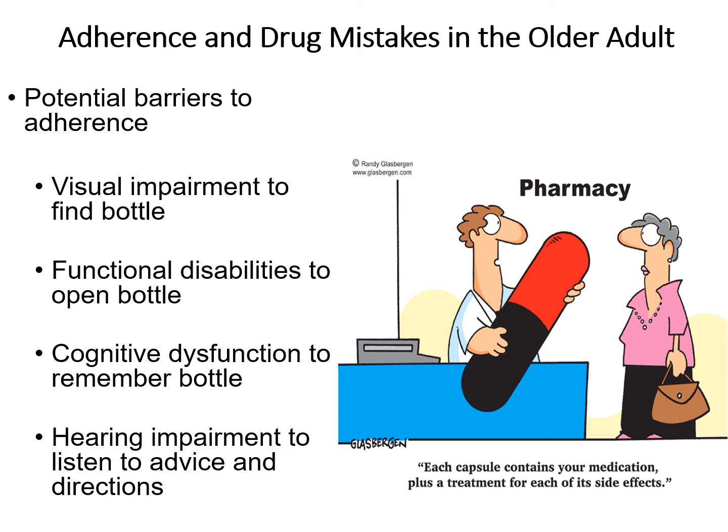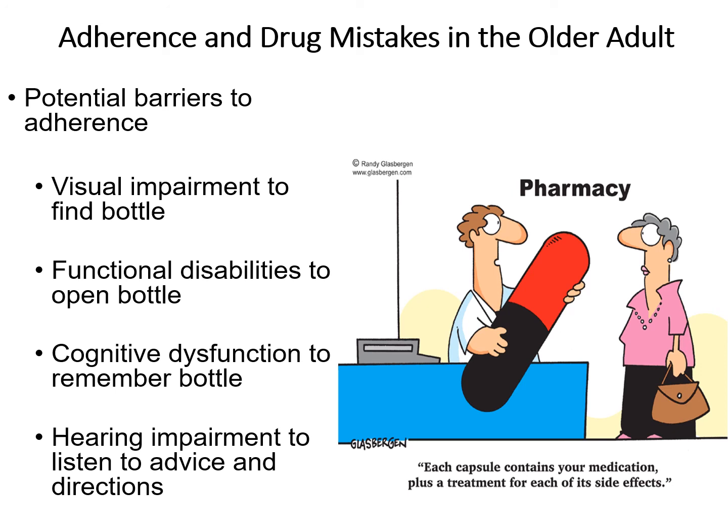Well, visual issues with actually even seeing the bottle. There could be functional issues with even trying to open the bottle. If you have severe osteoarthritis or rheumatoid arthritis of your hands, very difficult to open a bottle. Cognitive dysfunction, to remember the bottle, or remember even that you need to take a pill.